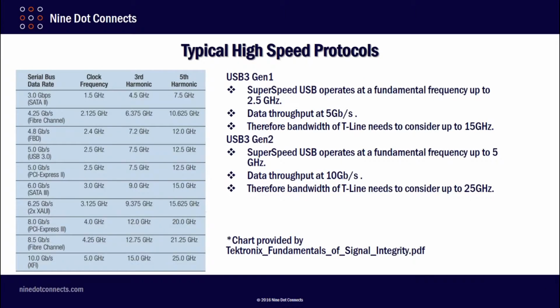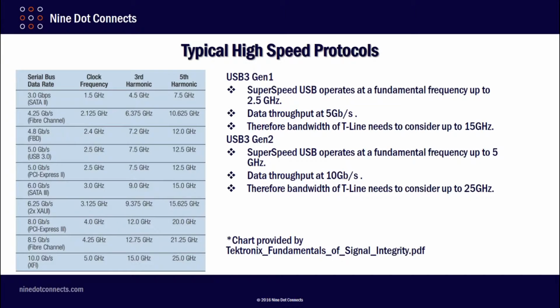Now that we've explained the concept of how important a low-pass filter is to how it passes signals on a transmission line, let's get a handle on how it affects specific types of protocols. I've got this chart in here that was created by Tektronix, and there's a reference there for you to get it.